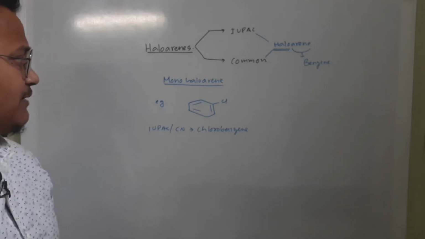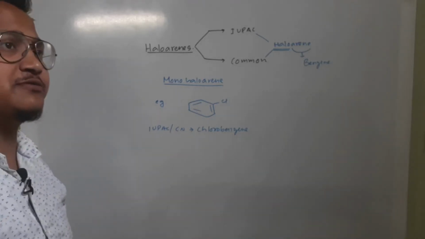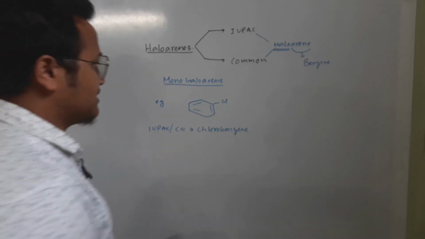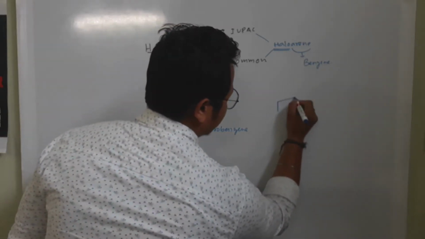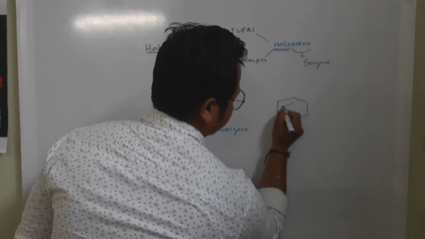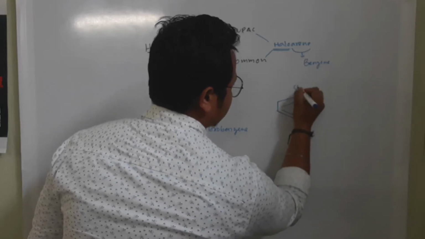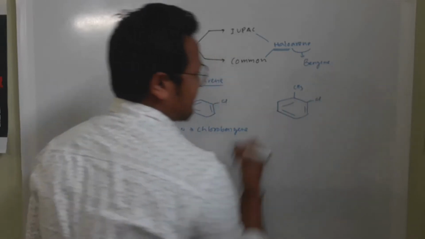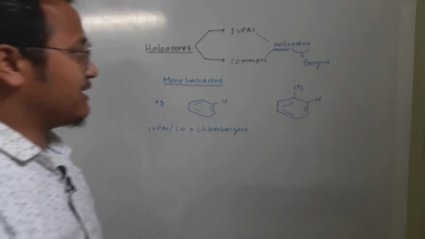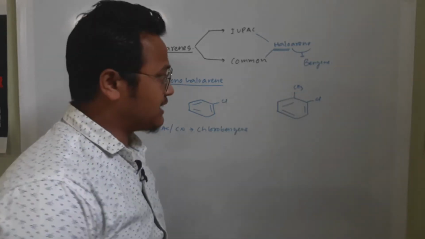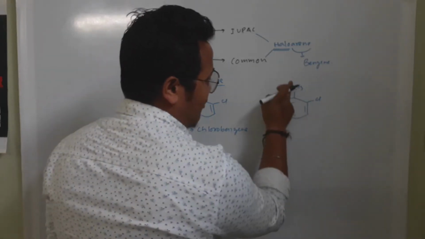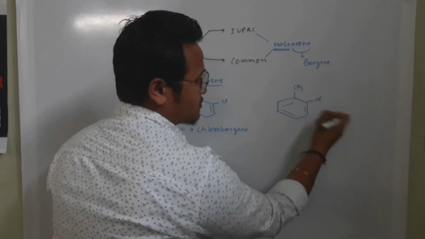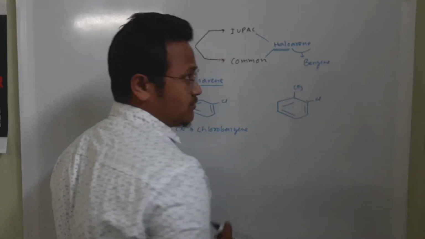But what if some other substituted group is already there? Say like this, another example: this CH3, with Cl. Already we have a substituent group here. But look at this point. Among the methyl group and the chloro, the halogen, we give more priority to the halogen atom.